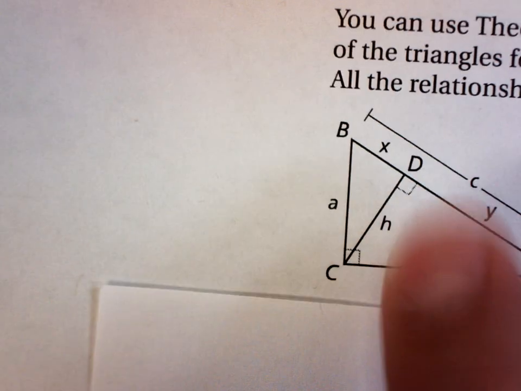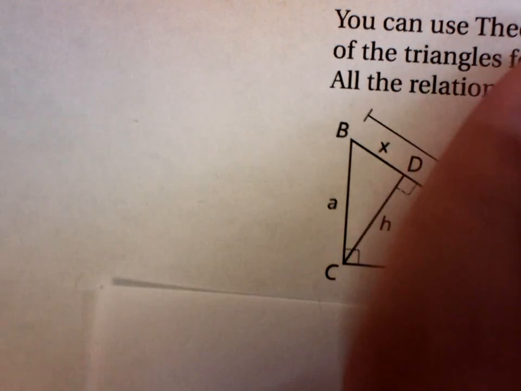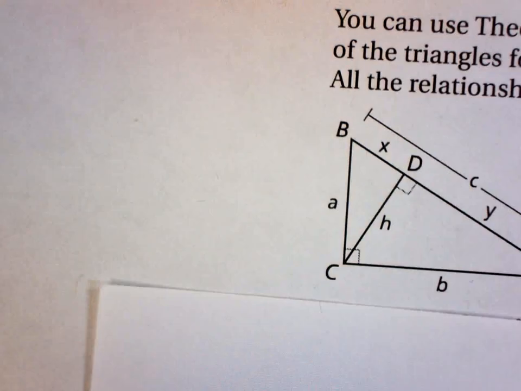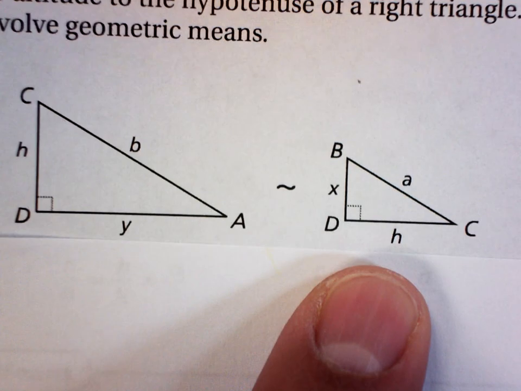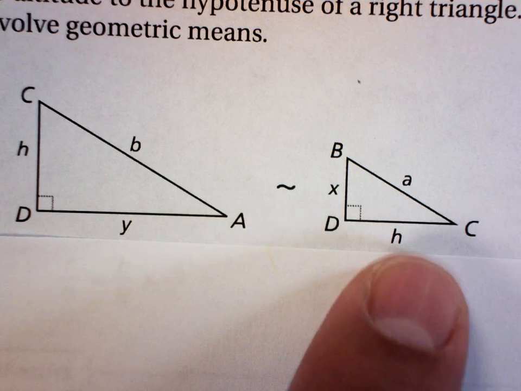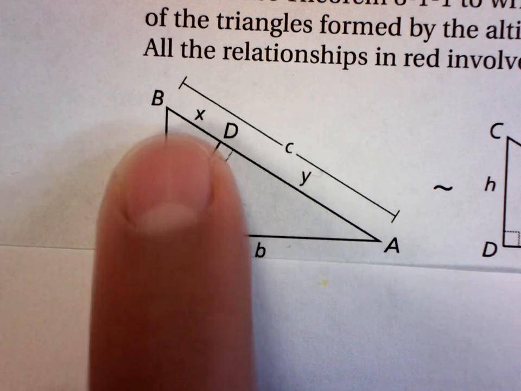And I'm going to do the same thing to this little triangle CDB. I'm going to turn it so that it's lying in the same position as my original big triangle. So there's my three triangles. There's my little triangle, another little triangle, and of course here's my original ABC.